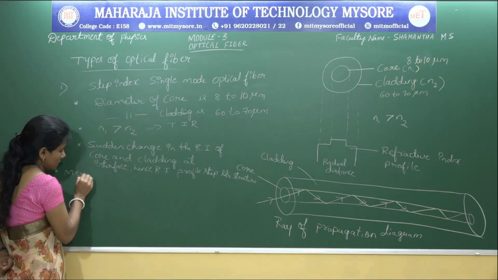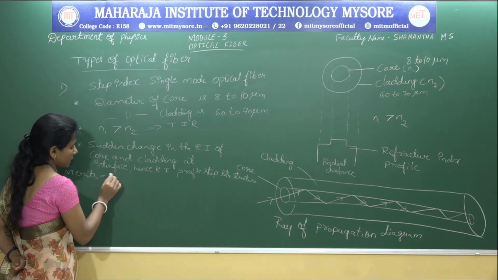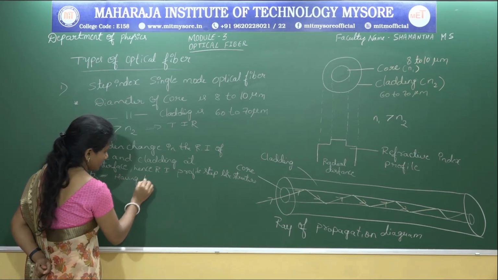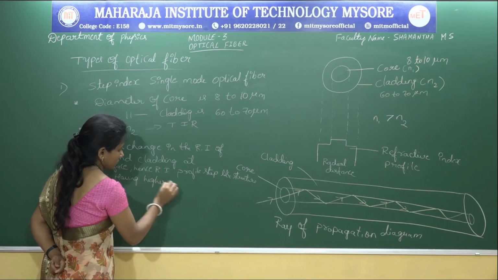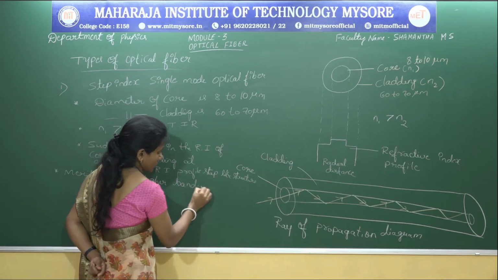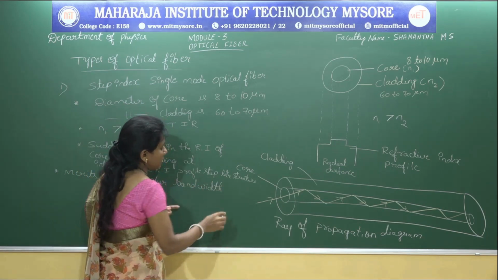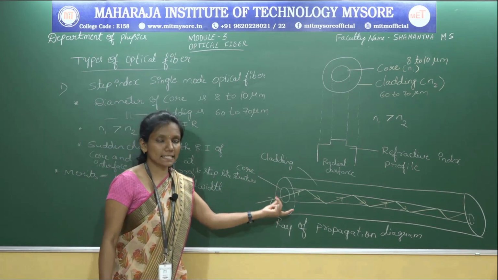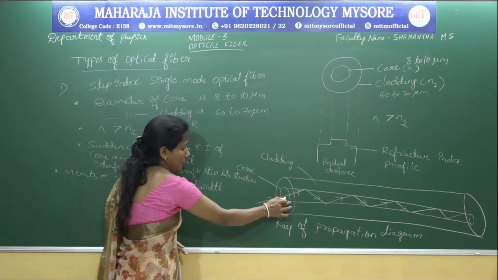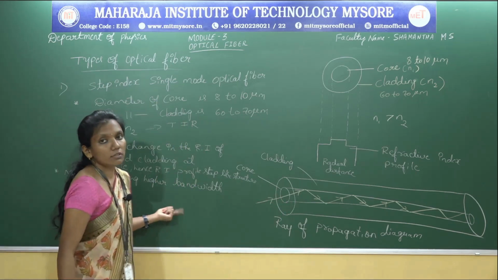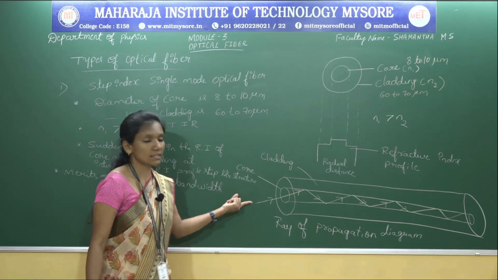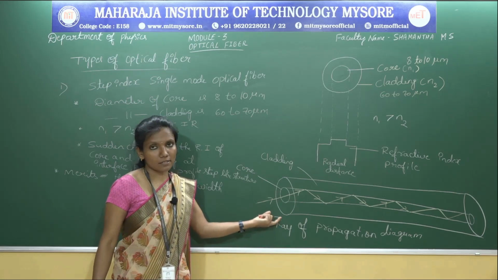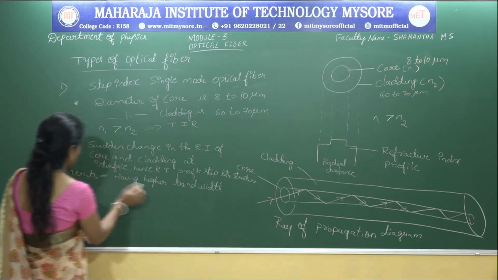So the merit is that it has a higher bandwidth, so there is no dispersion and no loss of the signal inside the optical fiber. And the speed of this signal is unmatched compared to the other optical fibers.